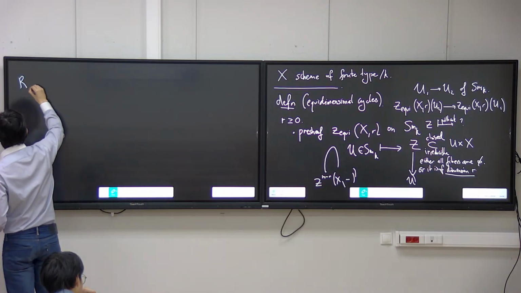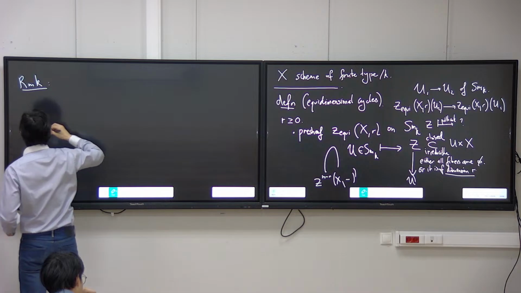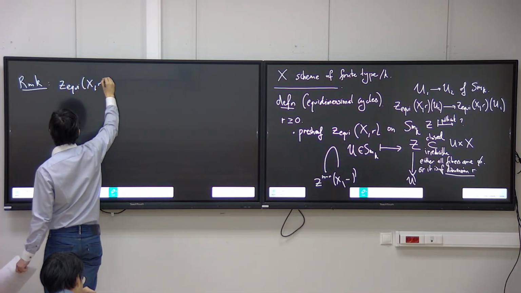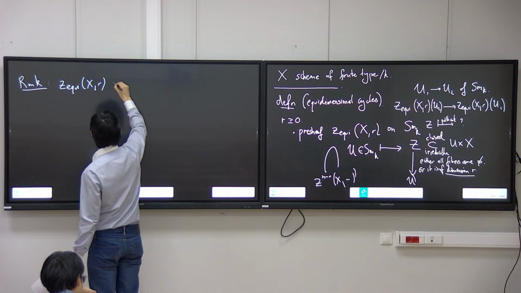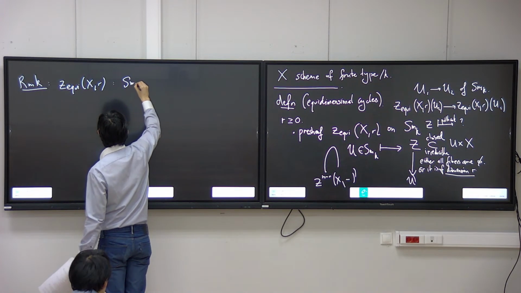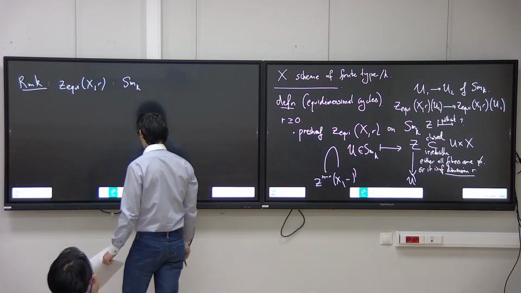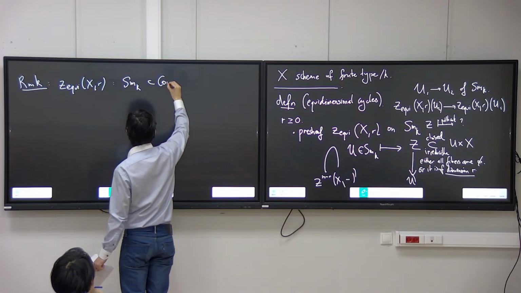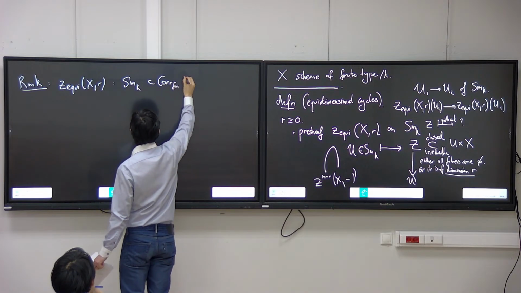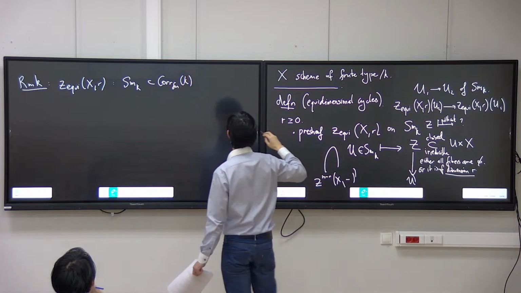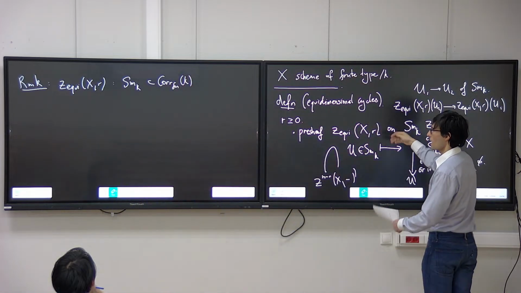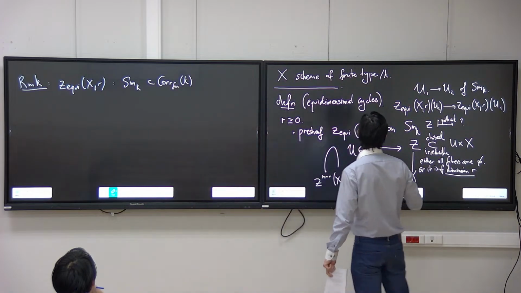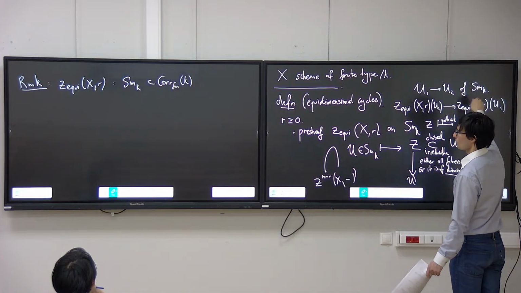Remark: I defined this Z equi X R as a presheaf on smooth K, but actually I can extend it to all finite correspondences. The sections don't change, right? We're not adding any extra objects, we're just adding some extra morphisms. But the main thing is this still works.